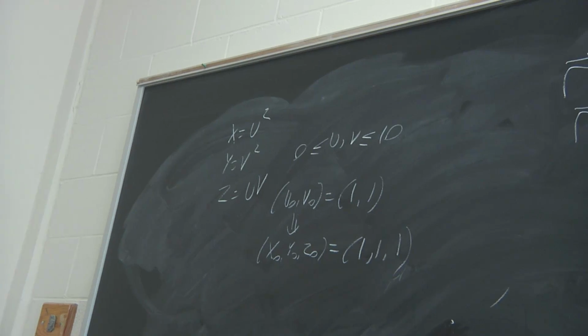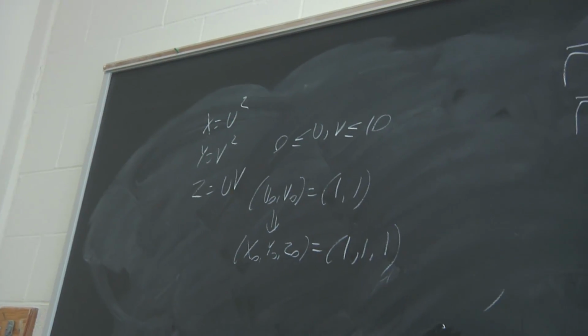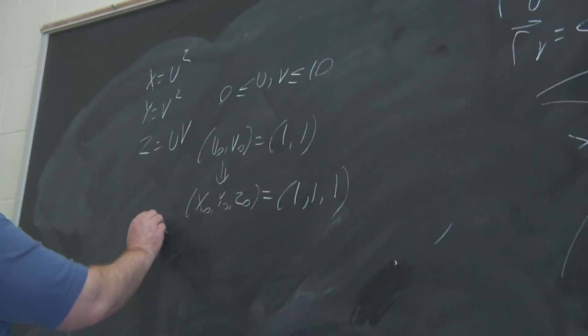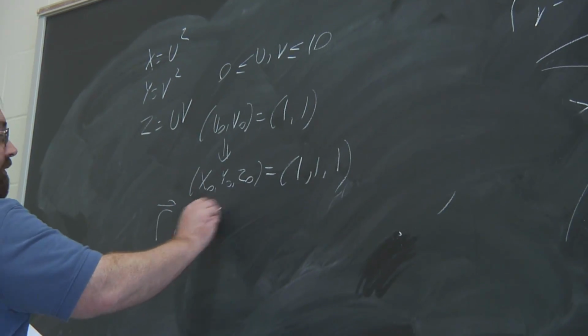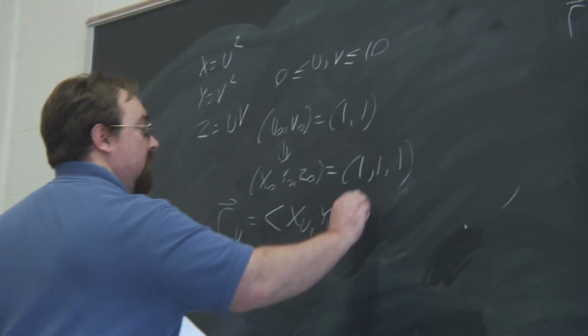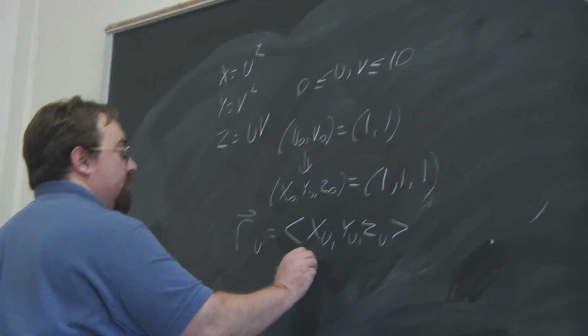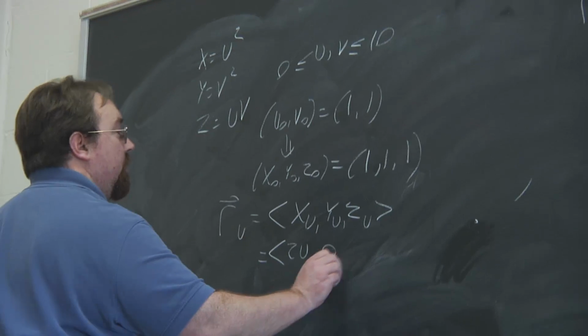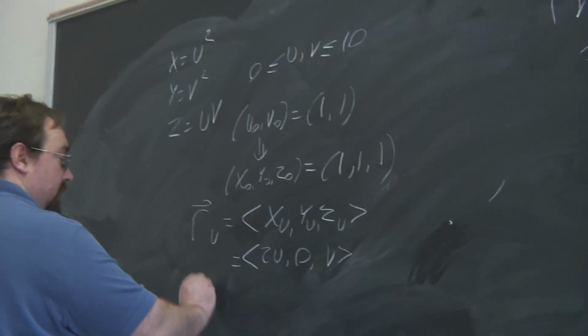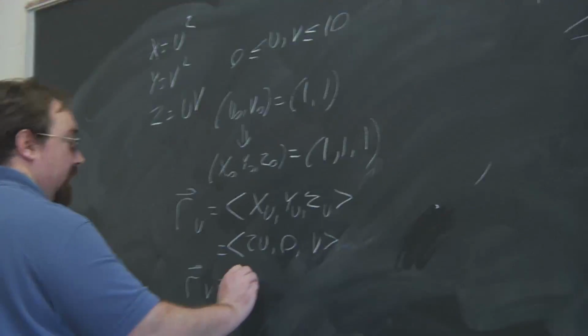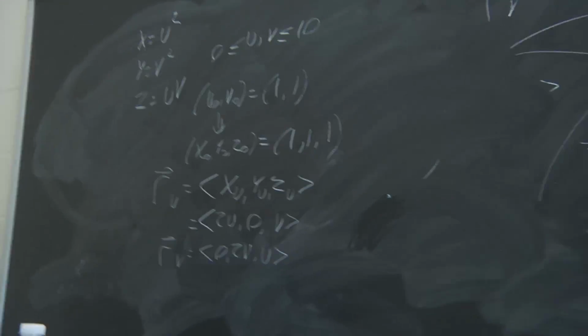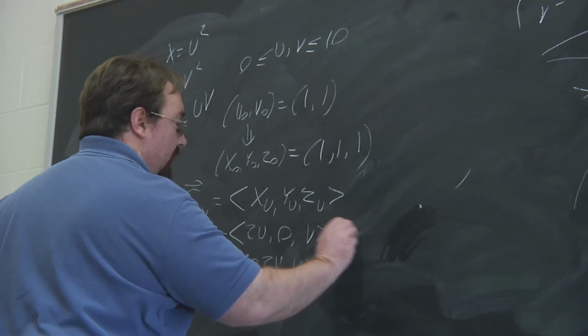How boring. So you compute your vectors, the partial derivatives. We take the partial derivatives of all of these with respect to u. That would be 2u, 0, v. RV would be 0, 2v, u. And now we plug in the u and v values at our point.